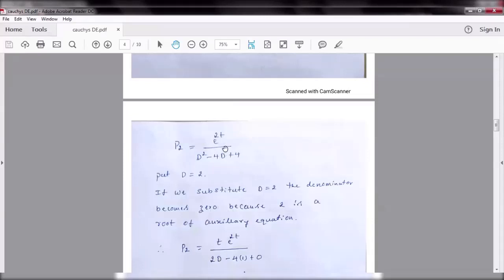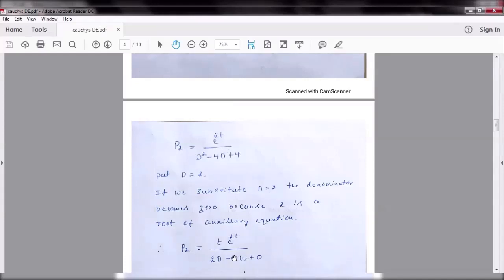Now P2 is e^(2t) by D² − 4D + 4. Since it is e^(2t), we have to substitute D = 2. But if we substitute D = 2, the denominator becomes 0, because 2 is the root of the auxiliary equation.